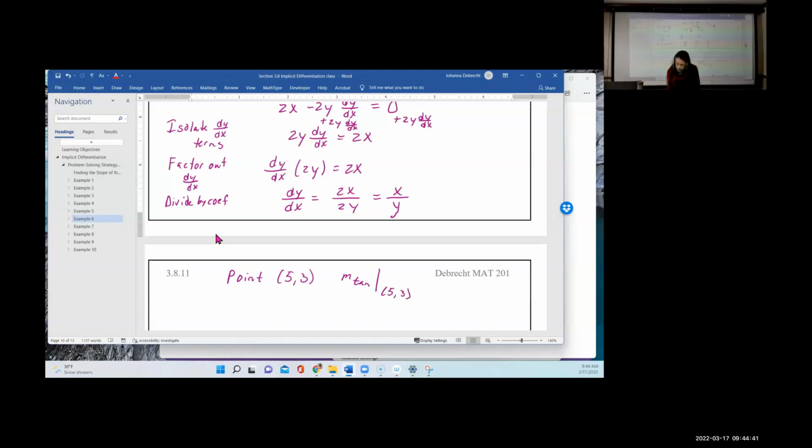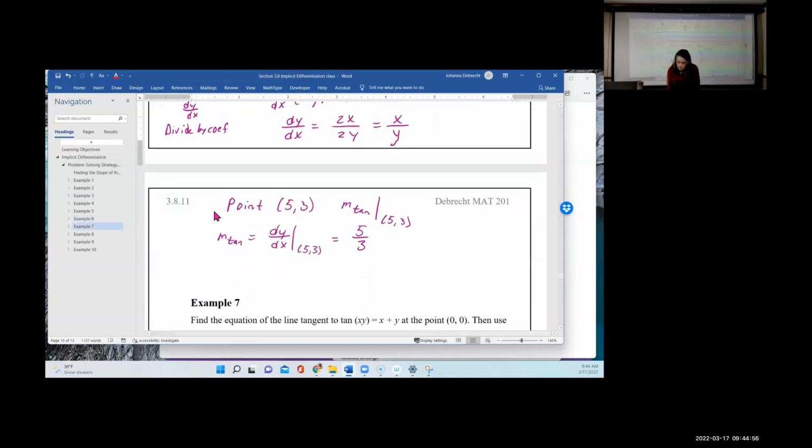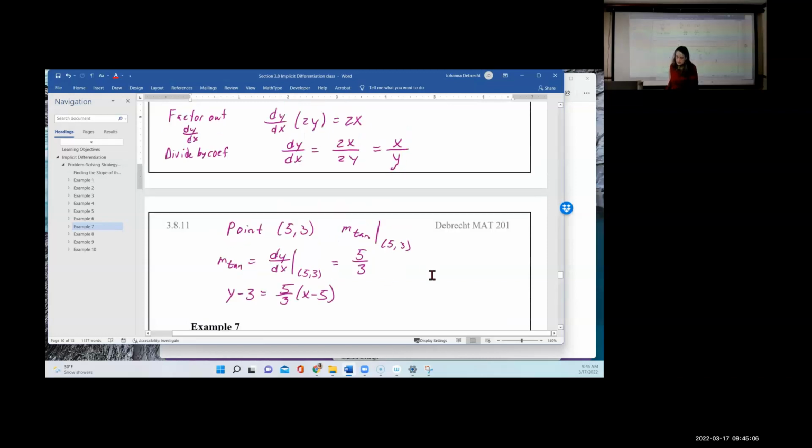And that will give me the slope of the tangent line, which is the derivative dy/dx evaluated at 5, 3, is going to give me 5 divided by 3, which is 5/3. So my equation is going to be y minus 3 equal 5/3 x minus 5. That's the equation of my tangent line.